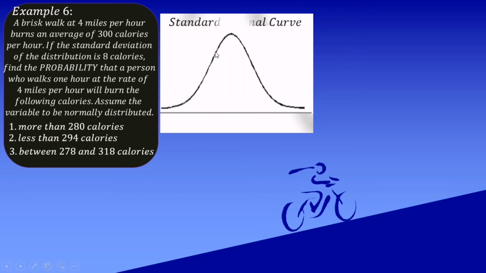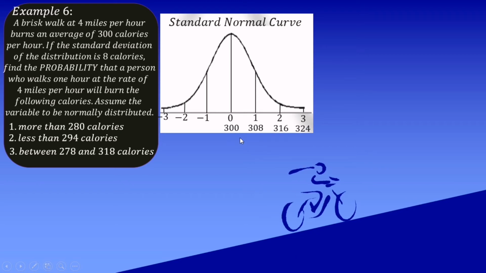So gamit natin yung standard normal curve. So these are our z-scores. Then draw a line through the z-scores. Then our x values, so the average, or the other term for the mean, that is 300, and the standard deviation, yung distance natin from the mean, is 8.